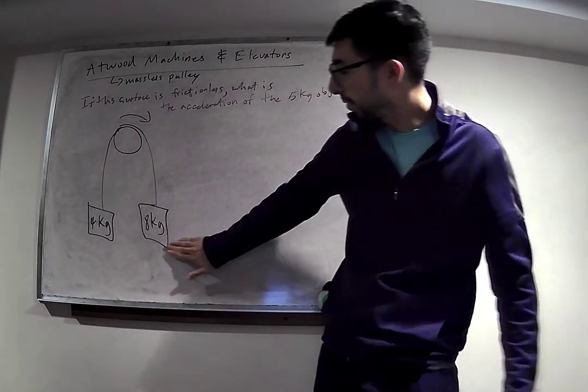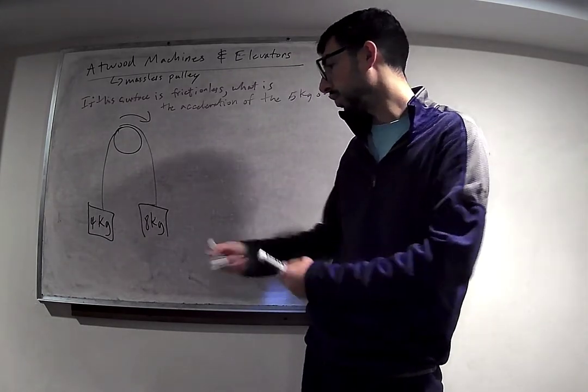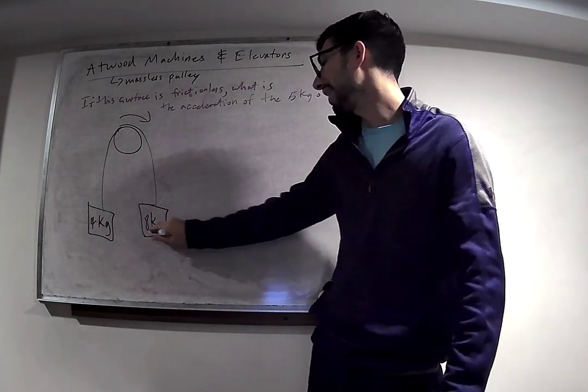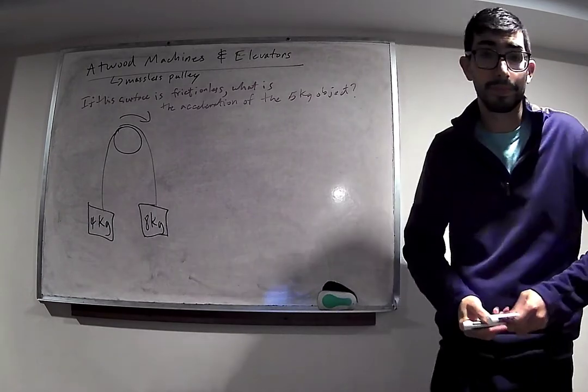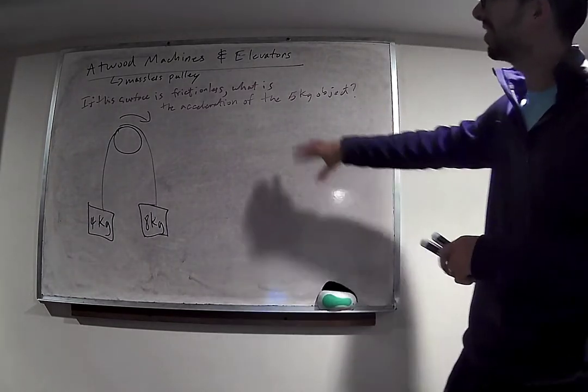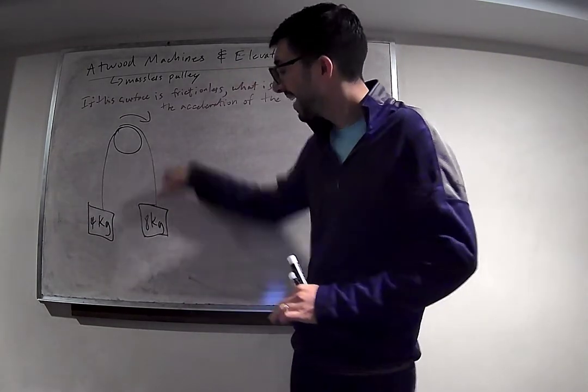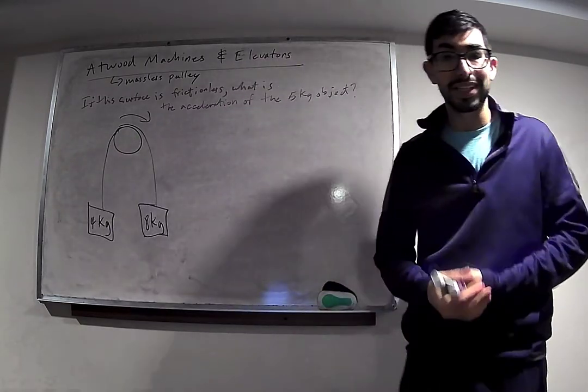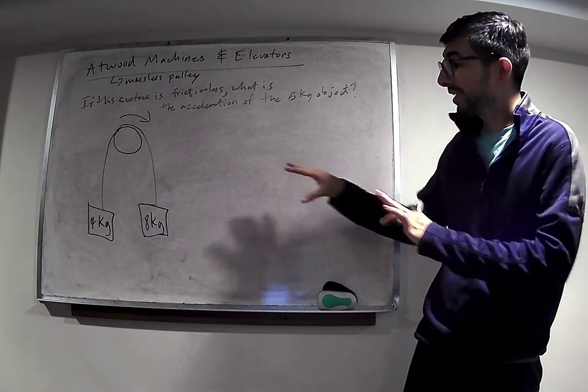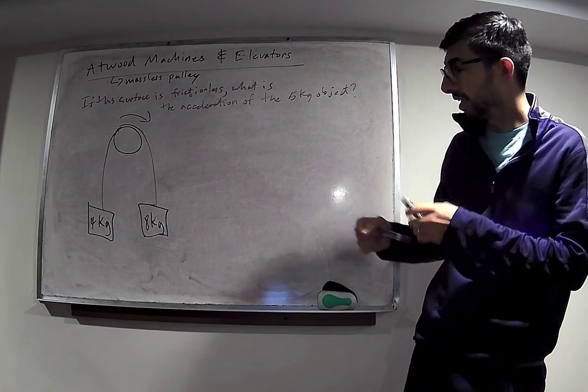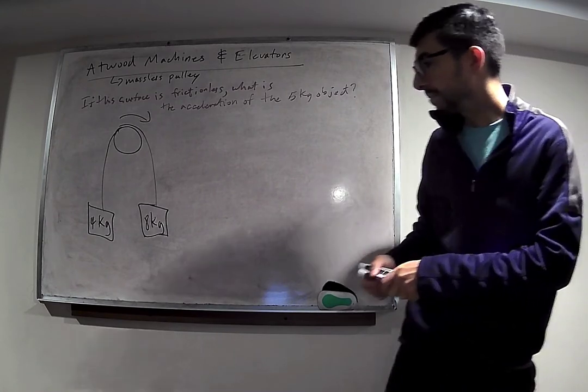Because this one's considerably heavier than the other one, it has a greater gravitational force acting on it because it has a greater mass. We also note that because Atwood machines change direction, these are pulling opposite on each other. So if we start drawing out our force diagrams, let's take a look at what forces are acting on these two objects.